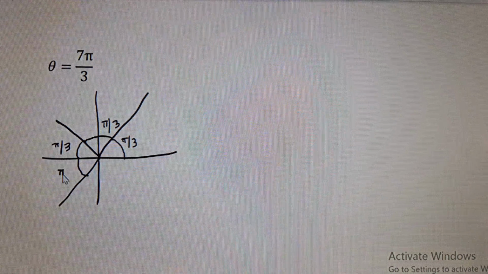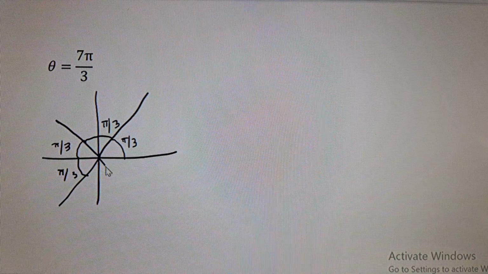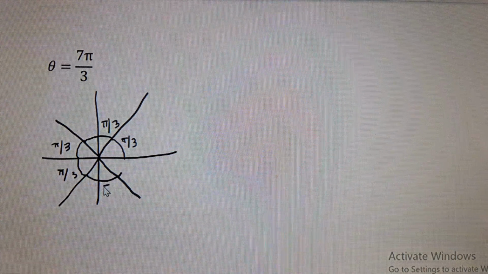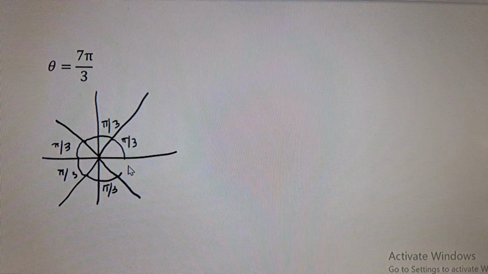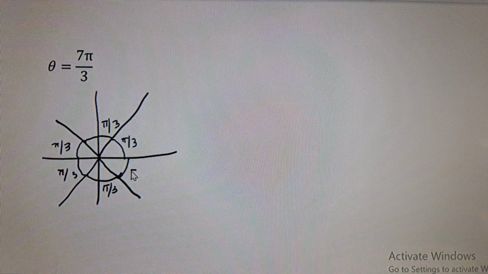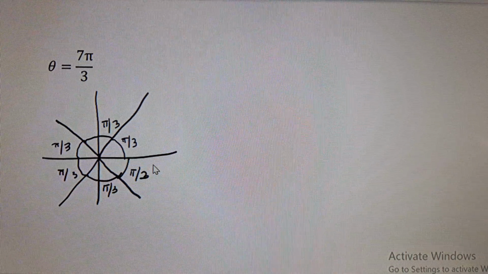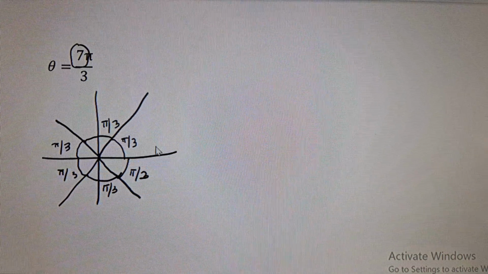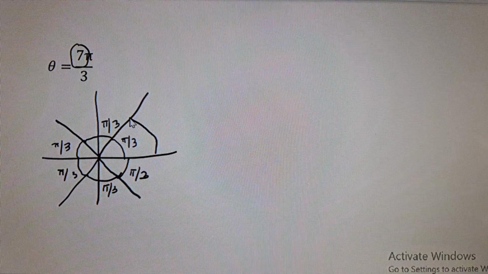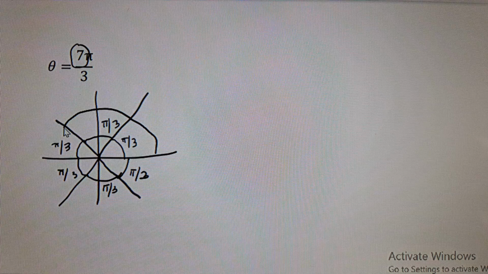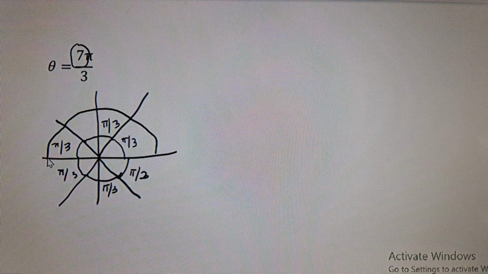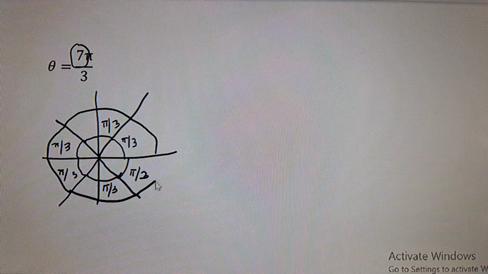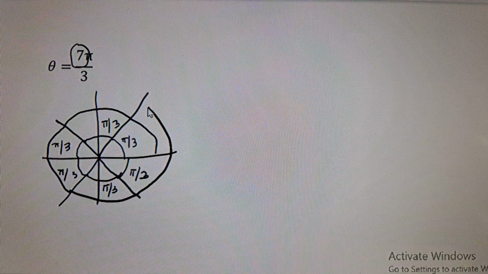Another pi over 3. Another pi over 3. And another pi over 3. We are looking for 7 pi's over 3. So let's start counting. That's 1, 2, 3, 4, 5, 6, and 7.